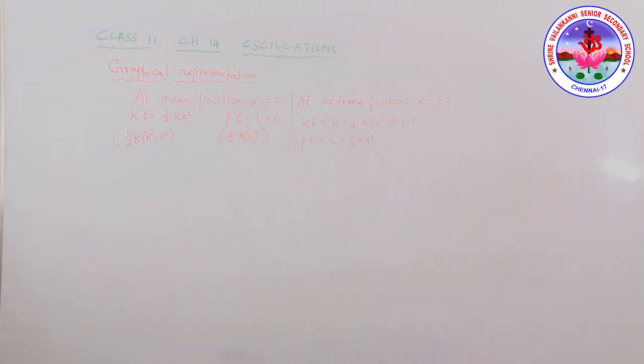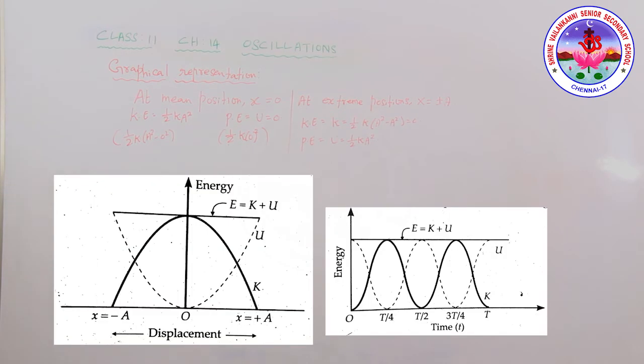It shows the variation of the kinetic energy K, potential energy U, and the total energy E with the displacement x. Then the graphs for K and U are parabolic, right? While that for E is a straight line which is parallel to the displacement axis, you are seeing that, right? E which is equal to K plus U, right? So at x equal to 0, the energy is all kinetic, and for x which is equal to plus or minus a, the energy is all potential, right?